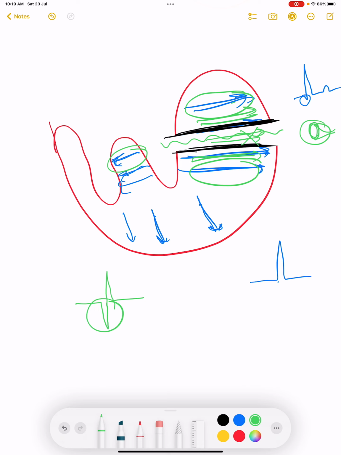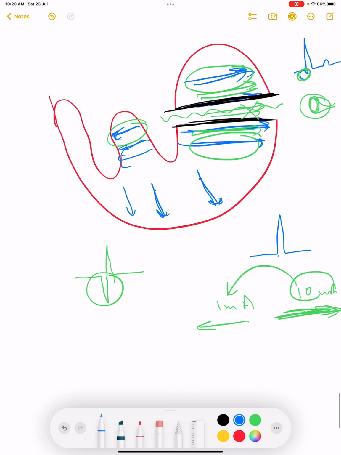In case of ischemia, mostly it is wider because the conduction is delayed, because the tissue is lost. Previously it was small because, for example, if 1 milliampere is going to this side, then 10 milliampere was going to the other side. So this 10 milliampere was cancelling the 1 milliampere effect, and that is why we were seeing only a small Q wave. But now after the damage, the same 1 milliampere is going to this side, but on the other side there is only, say, 5 milliampere.